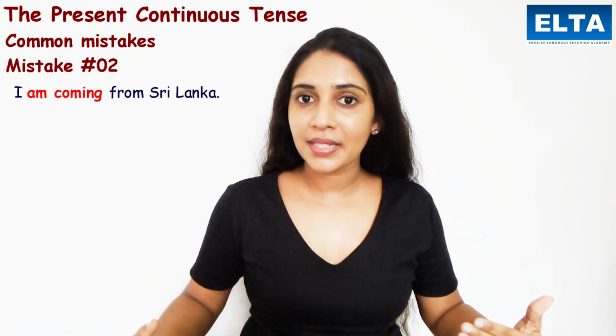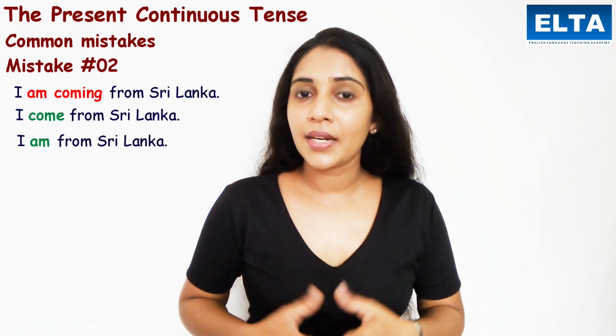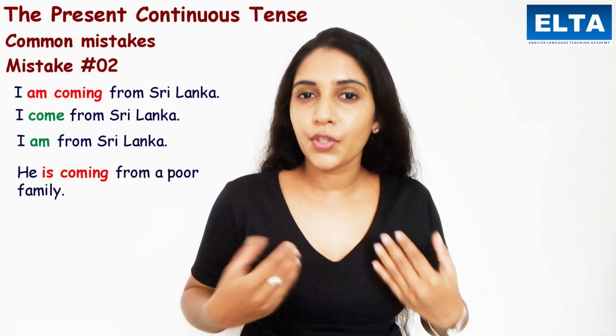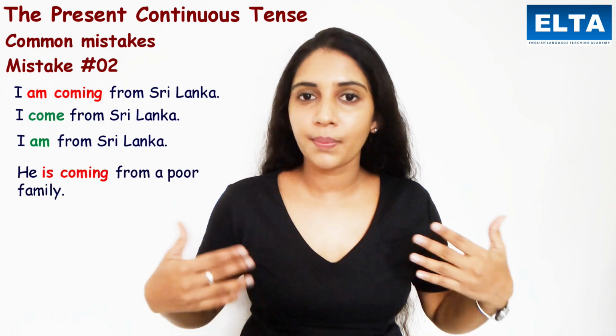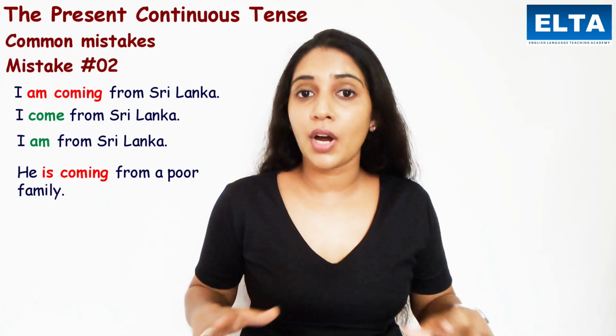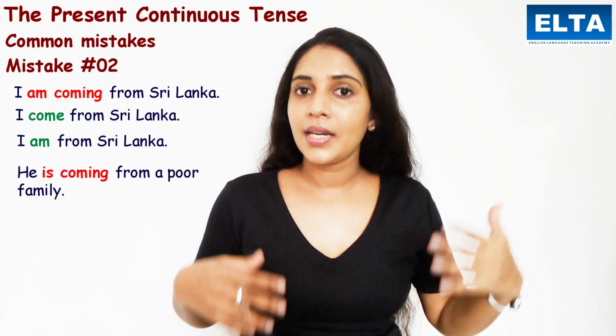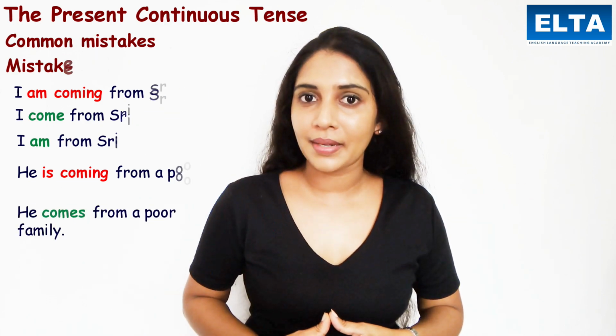So you have to correct it. I come from Sri Lanka, or you say I am from Sri Lanka. Similarly, you might say he is coming from a poor family. You mean to say that he belongs to a poor family. So you have to correct it: he comes from a poor family.